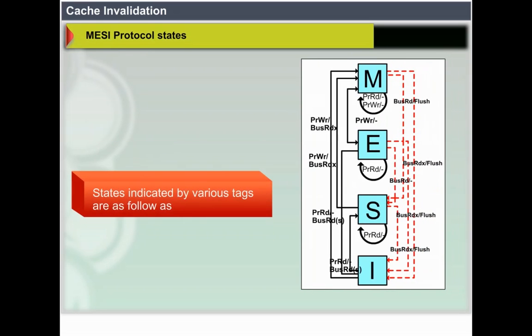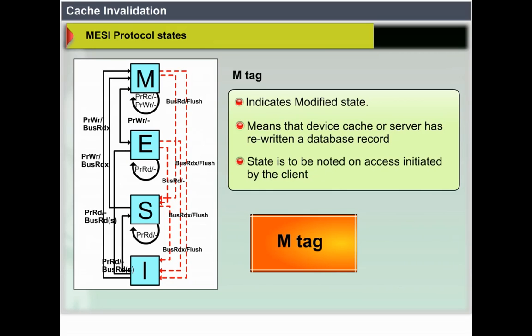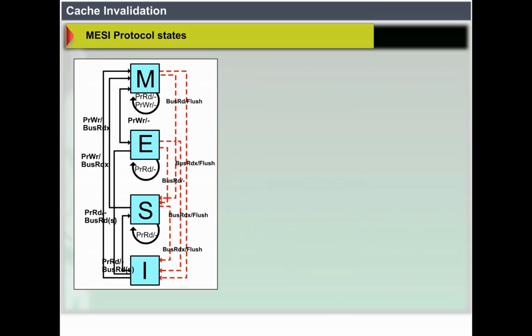States indicated by various tags are as follows. M tag indicates modified state. It means that the device cache or server has rewritten a database record. State is to be noted on access initiated by the client.